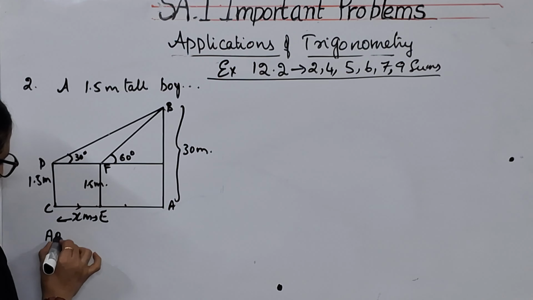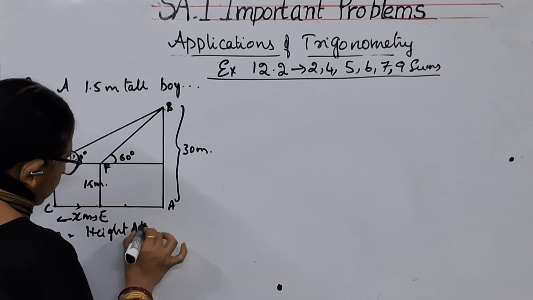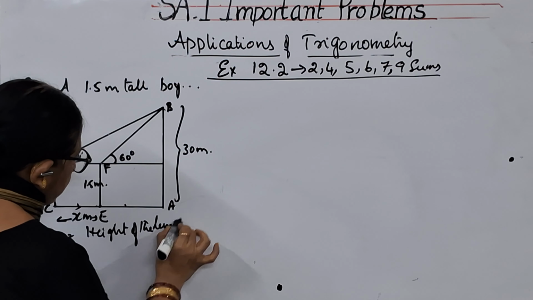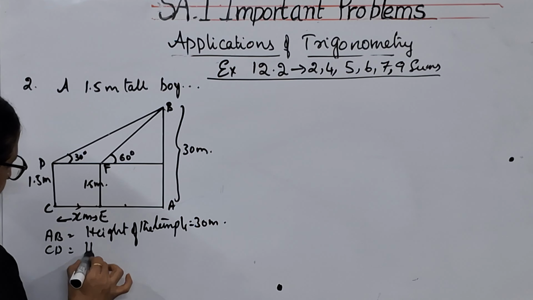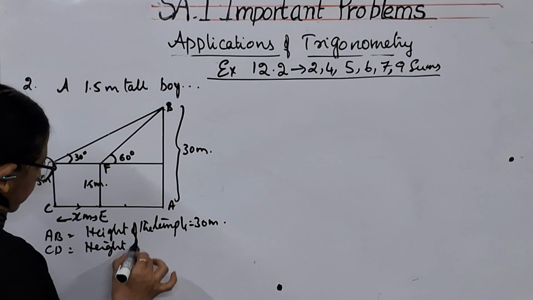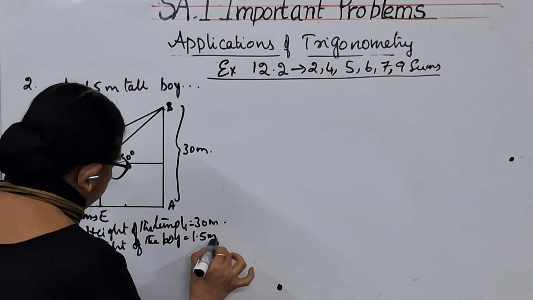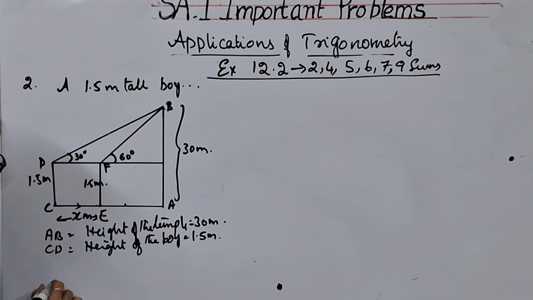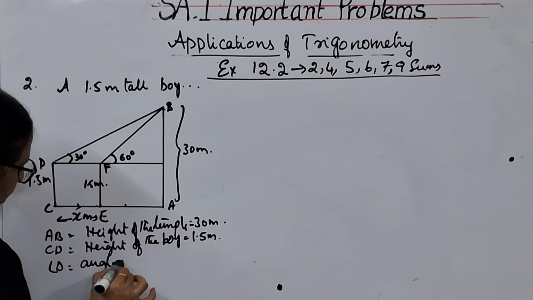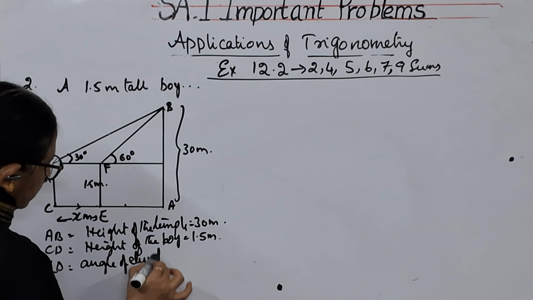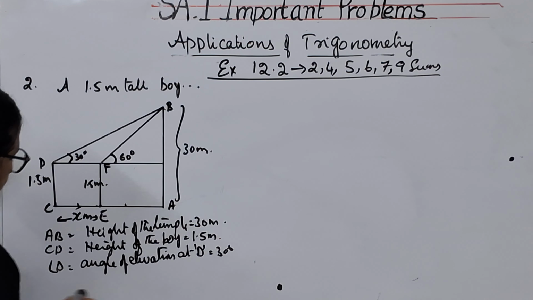First you write AB. AB is the height of the temple, 30 meters. And CD is the height of the boy, 1.5 meters. The angle of elevation at D is 30 degrees.